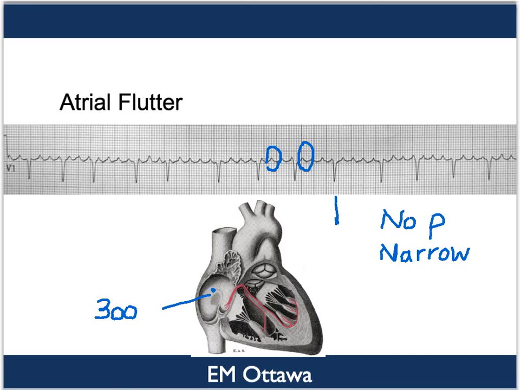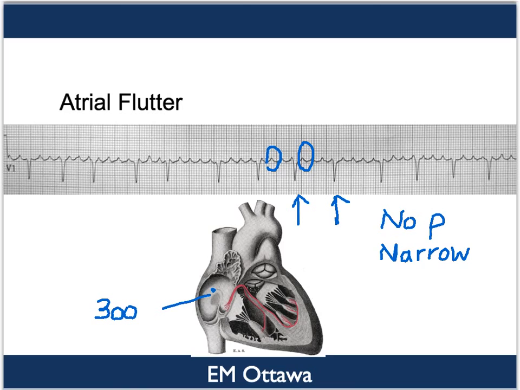Every QRS complex is only possible if the AV node lets that impulse through. And therefore, if the block is consistent at a certain ratio, whether it's every second or every third beat that comes through, that might be regular. However, in this rhythm strip, you can see that there are various different ratios of block that the AV node does.